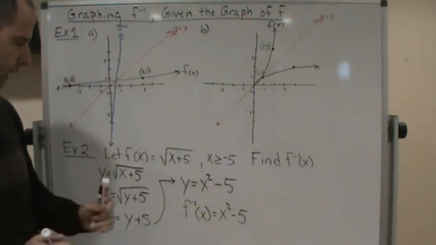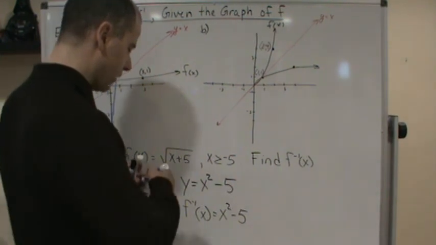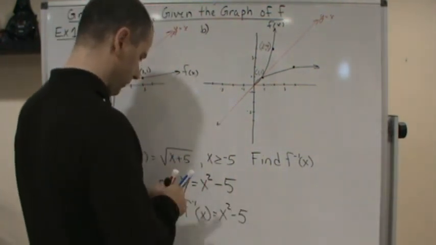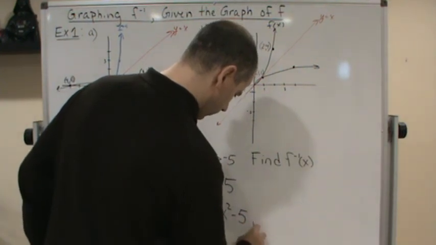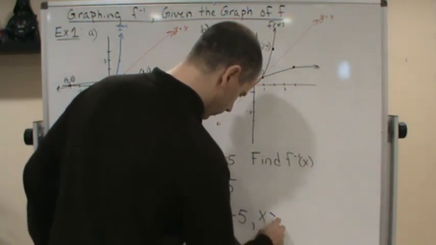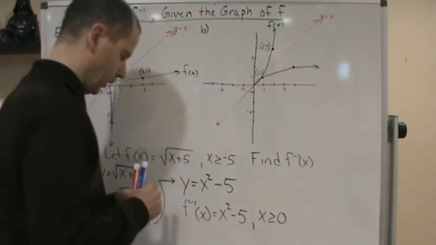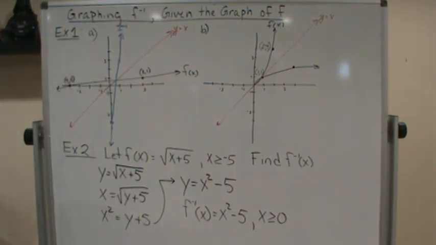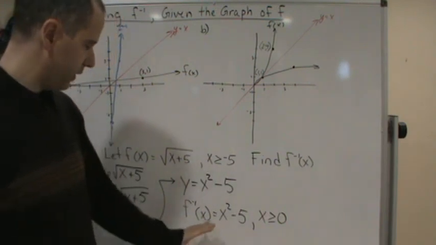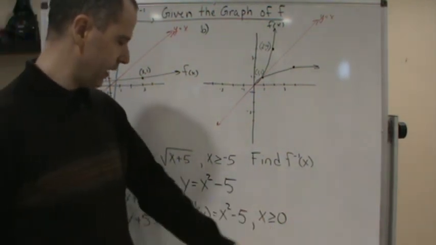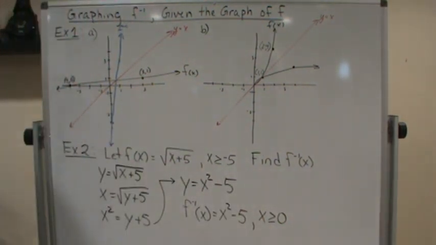So the restricted domain for the inverse function must be greater than or equal to 0. Okay, so we have to make sure we pay attention to that because that's important. So this inverse function is only defined for values from 0 to positive infinity.